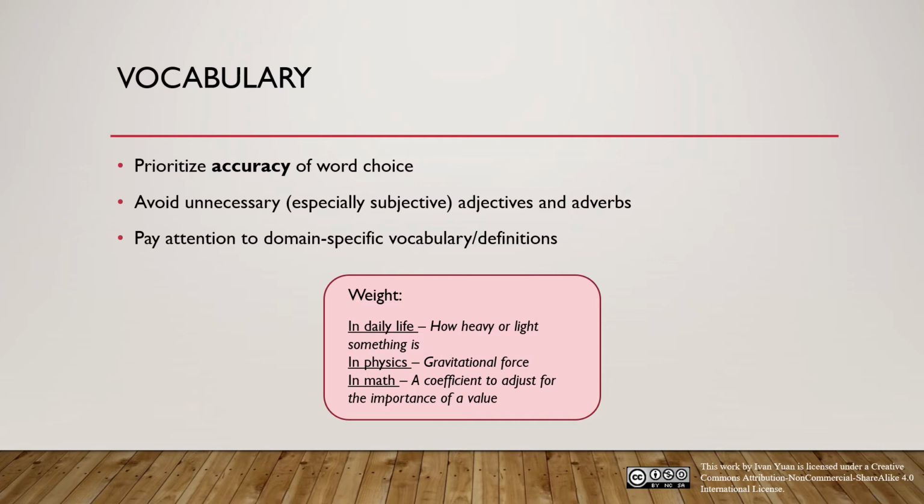However, in physics, weight normally refers to gravitational force. And in mathematics, weight is often what we consider as a coefficient we use to adjust for the importance of a value. For example, we can use weight in an average to adjust the importance of the different components. And this is one example of different definitions in different fields.